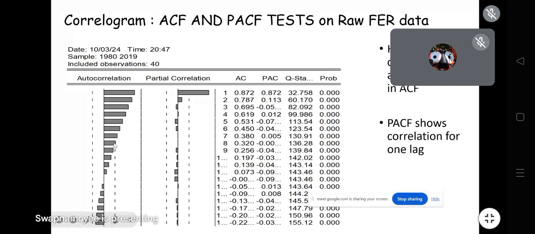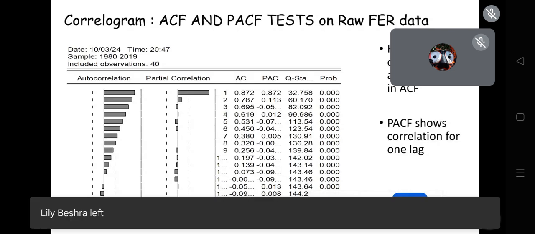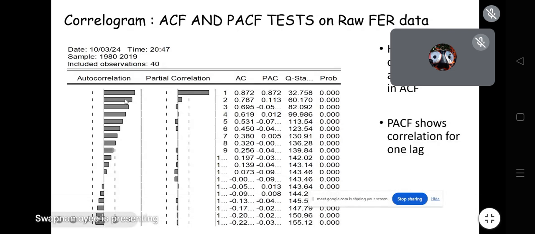From the eighth year, the spikes are within the confidence interval, which are these dotted lines. Your spikes should be within the dotted lines to show that there is no autocorrelation. But all the data in the autocorrelation have moved beyond. That means this autocorrelation is the indicator of your moving average period. So your moving average has a lag correlation with errors from 8 years back.